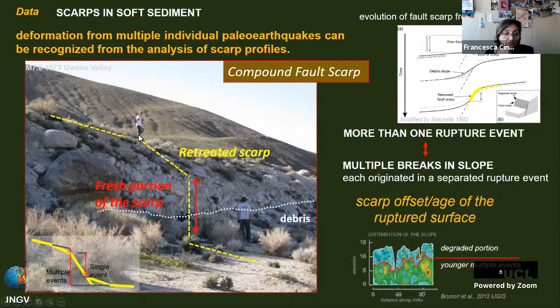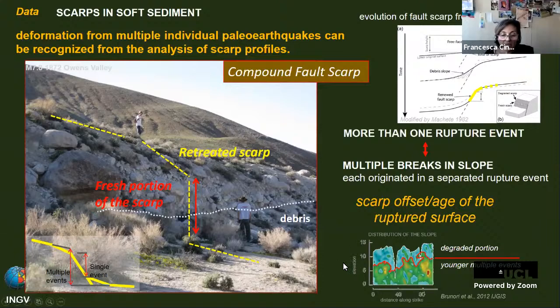So finally, the profile appears segmented in different segments with different dipping. The vertical one is the fresh portion of the scarp, and then we have a retreated portion that is referred to the previous event.